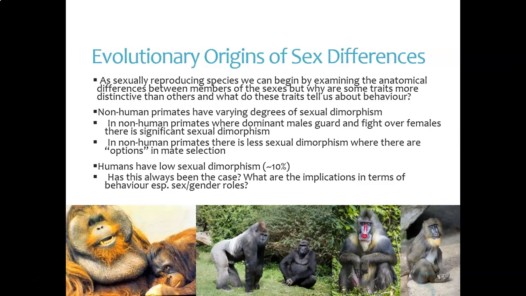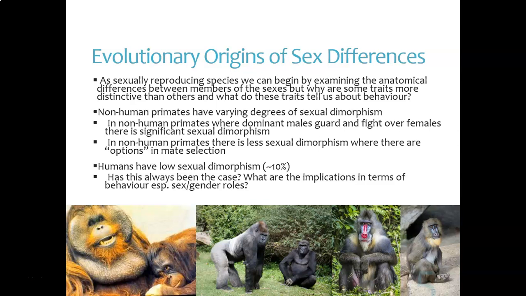However, we can also see low sexual dimorphism where there's not necessarily more options, but where there are actually structures that see greater male parental investment in offspring. So I'm thinking here of marmosets and other small primates that engage in monogamous pair bonds for the purpose of producing and providing for offspring.